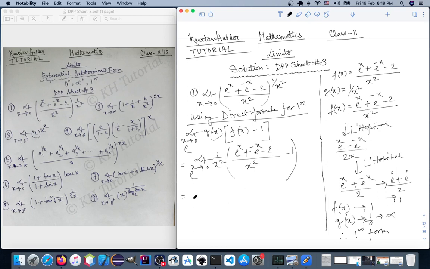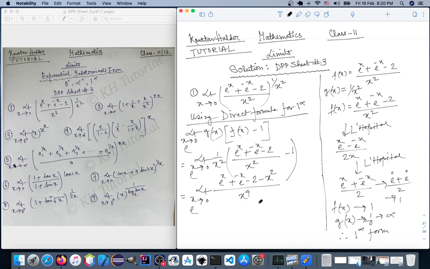This becomes e to the power limit x tends to 0, (e to the power x plus e to the power minus x minus 2 minus x square) by x to the power 4.